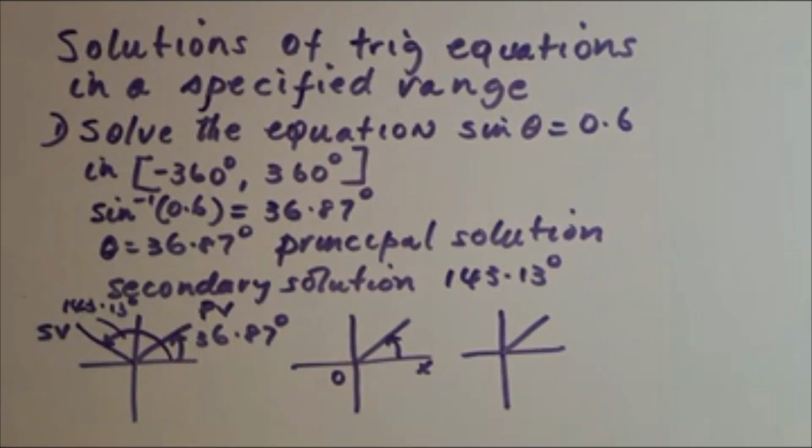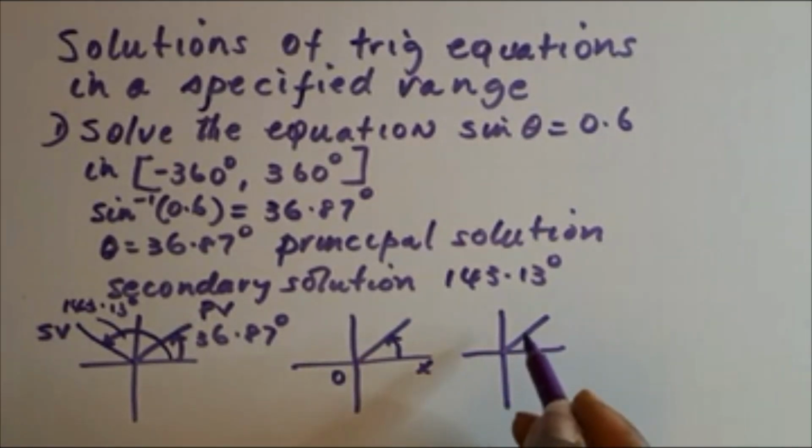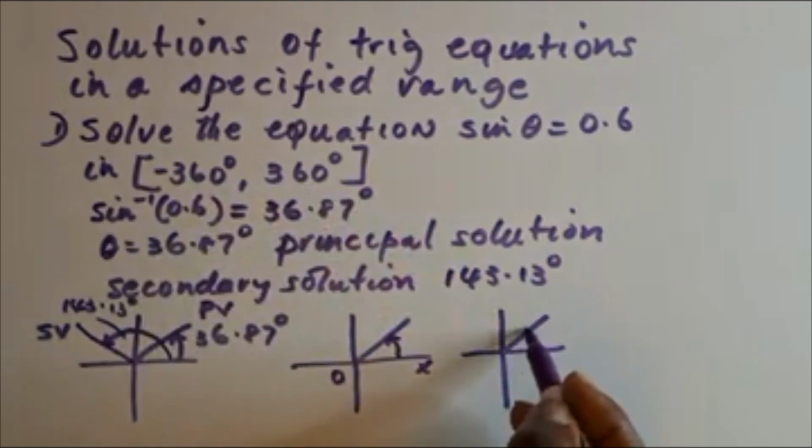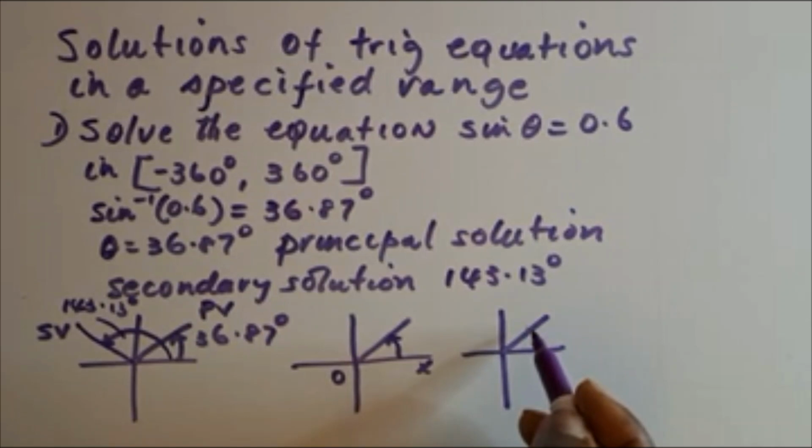And now we're going to also show a corresponding value that fits within this interval. And so we also need to measure angles from the positive x-axis to either of the two solutions. So that's what we're going to do.